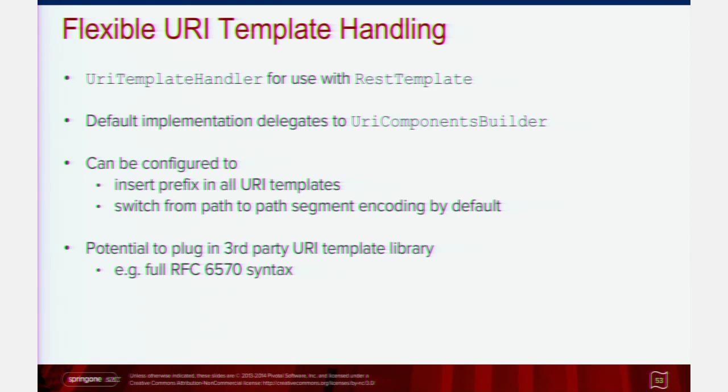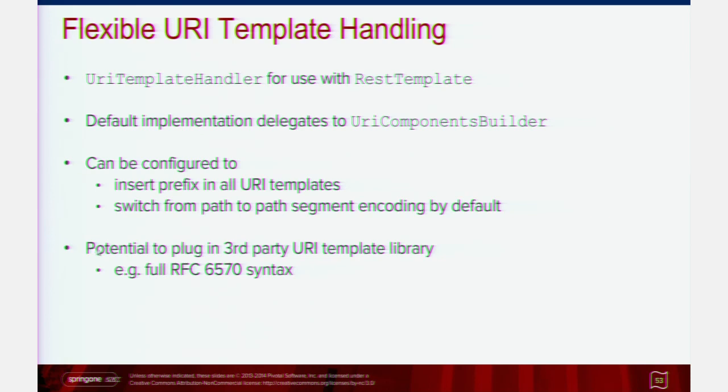So for example, if you wanted to insert some prefix into every URL, you have a RestTemplate, and instead of putting a prefix in every URI template, that can be done automatically through this extension point. Or, this was one of the requests, you can switch from path to path segment encoding. This has been a long-running question that keeps coming, so finally, hopefully, we have an answer for it, so that's good.